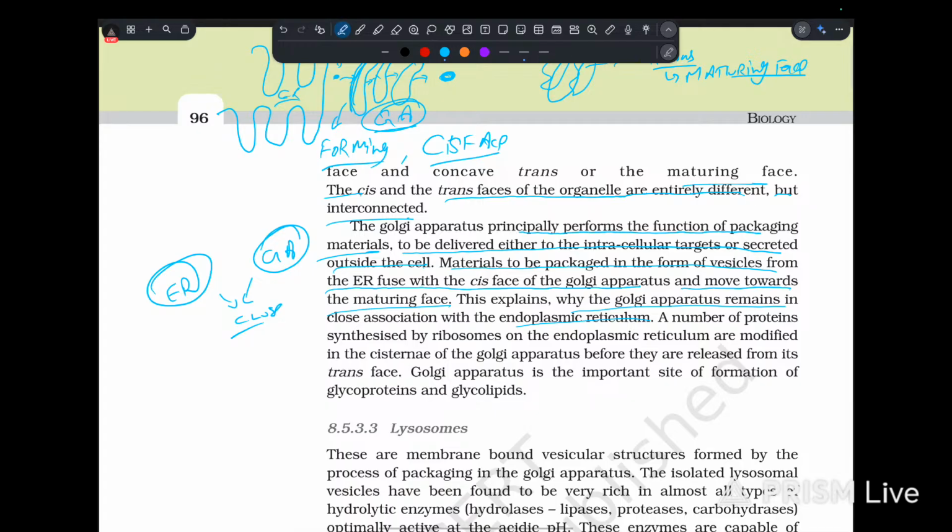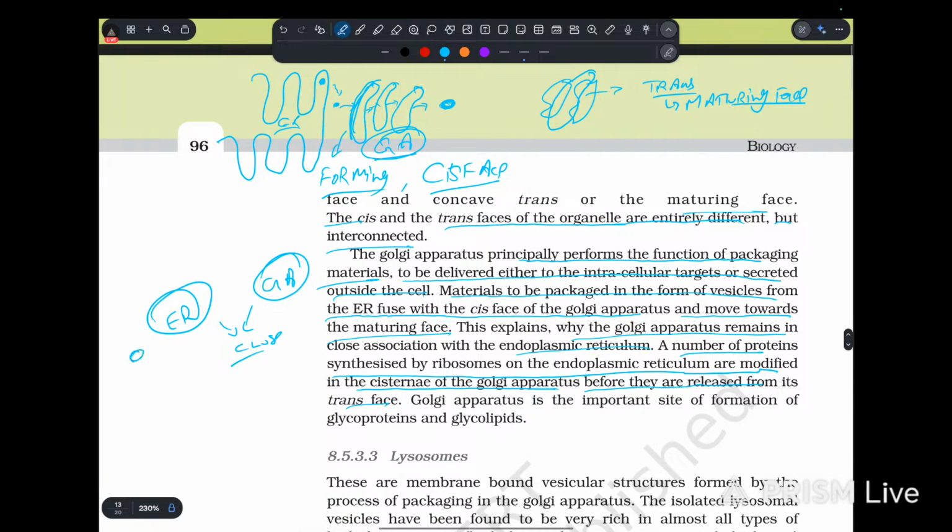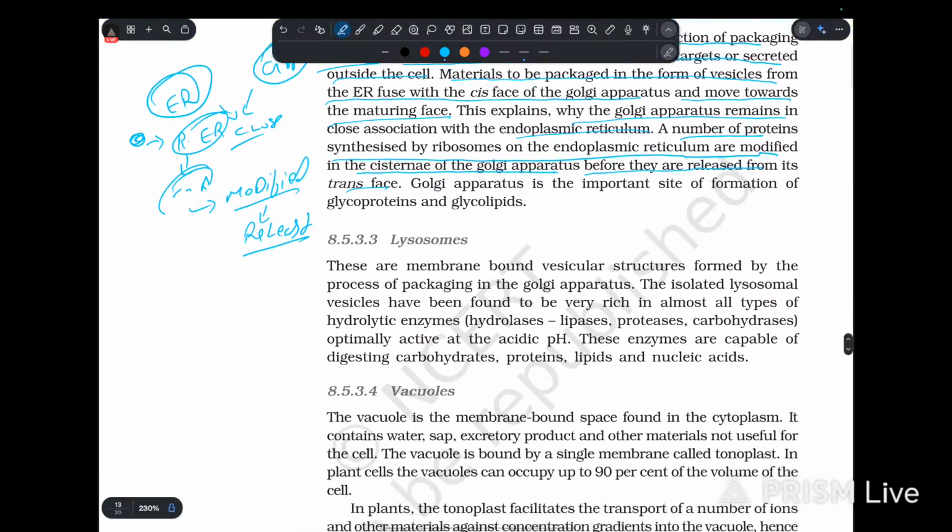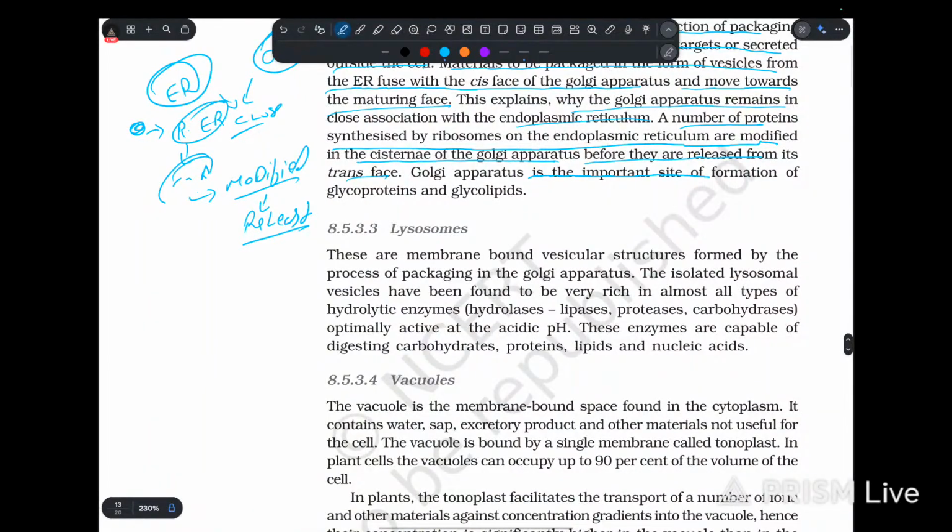Okay. A number of proteins synthesized by the ribosomes on the endoplasmic reticulum are modified in the cisternae of the Golgi apparatus before they are released from its trans phase. So when proteins are synthesized on the ribosomes of the endoplasmic reticulum, they are transferred to the Golgi apparatus and they are modified there, and then they are released from its trans phase. The Golgi apparatus is the important site of formation of glycoproteins and glycolipids.